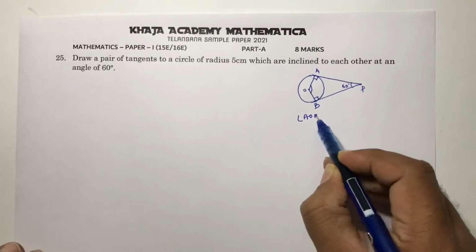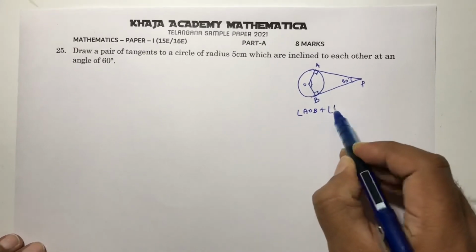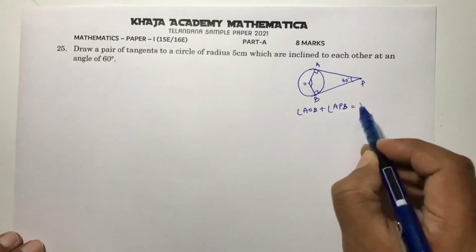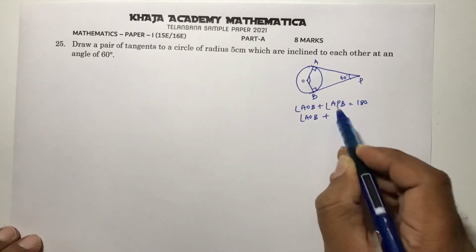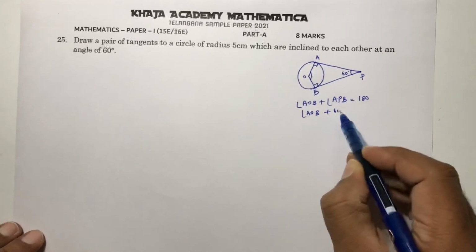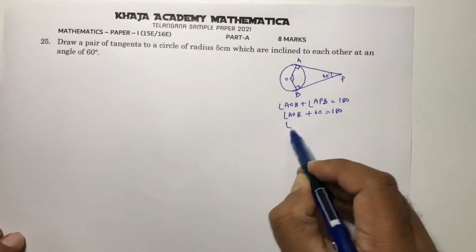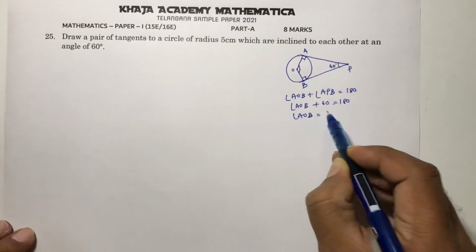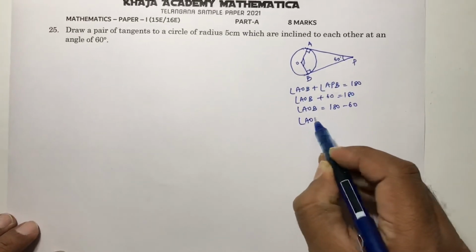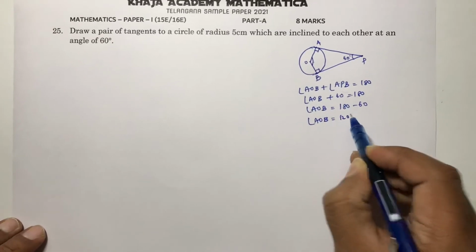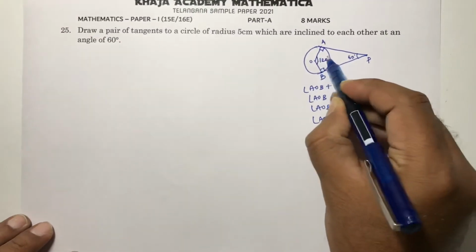Angle AOB plus angle APB is 180. So AOB plus the angle between the tangents, which they give as 60, equals 180. So AOB is 180 minus 60, so AOB is 120 degrees.